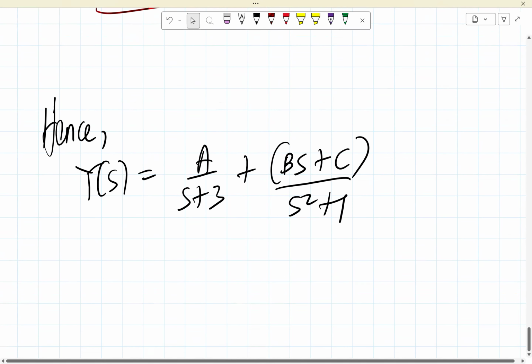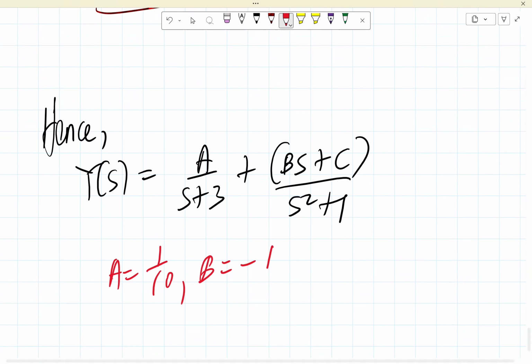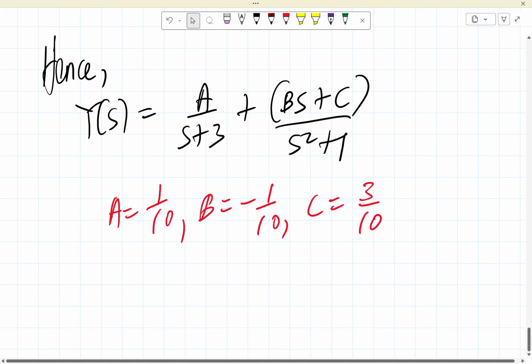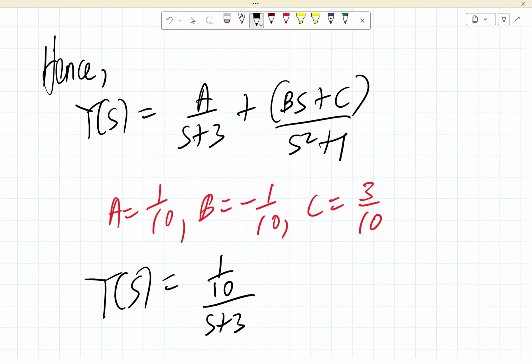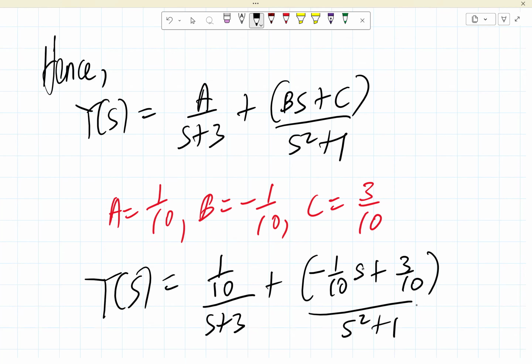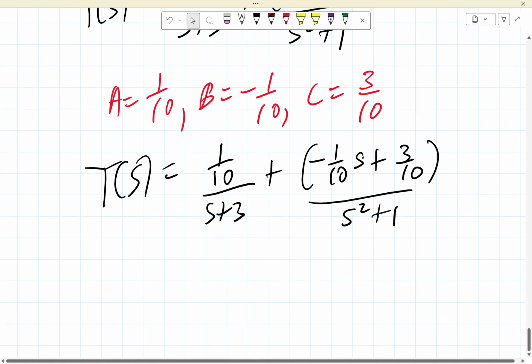We know that a is 1 over 10, b is minus 1 over 10, and c is 3 over 10. So we can just fix all of that up. So we have y of s equals 1 over 10 over s plus 3, then plus minus 1 over 10 s plus 3 over 10, all over s squared plus 1.